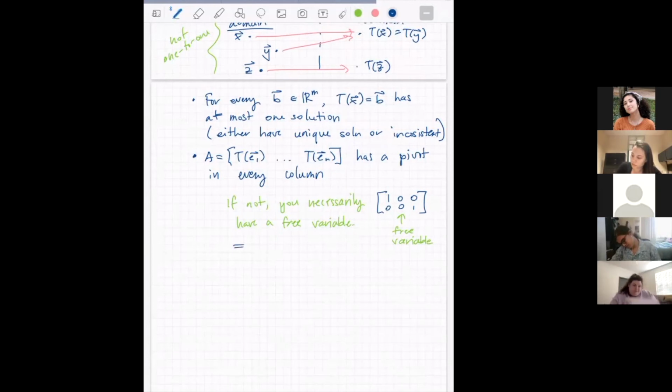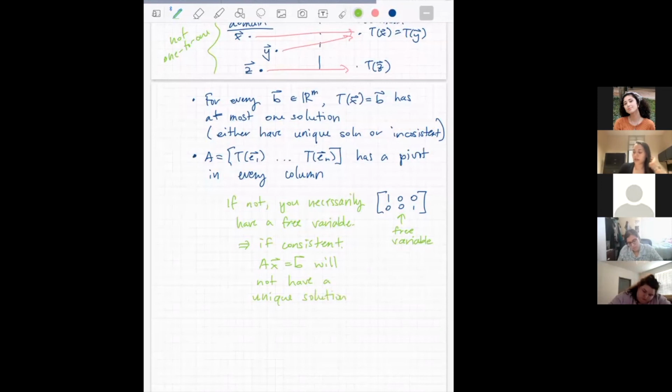Well, not no matter what b is. It's actually if the matrix equation that you could form is consistent, then it will not have a unique solution, because of that free variable.